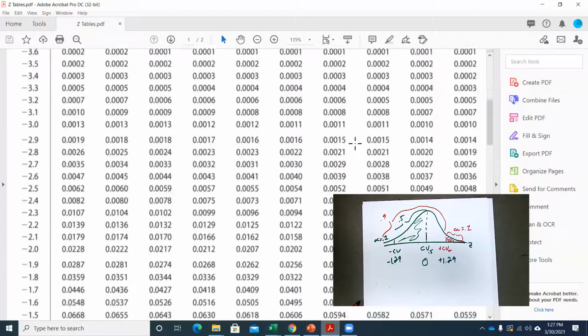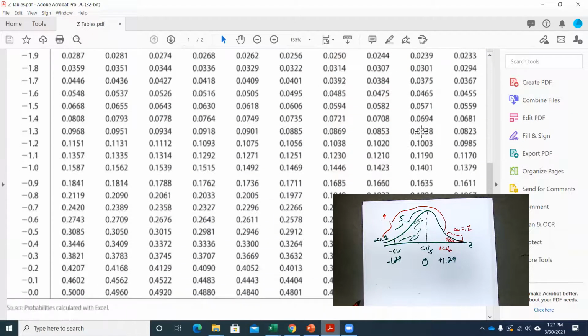So I'll look up 0.1, we'll find the same thing we did before, which was, oops, it's in between 1.28 and 1.29. Well, this is saying that it's negative because I just looked up alpha, right? I just looked up that area, and the table is always the area in the left tail. Well, if I know negative 1.29 gives me 0.1 in the left tail, I know positive 1.29 gives me 0.1 in the right tail. So I can just look up alpha and remember, for a right tail test, it's that value, but positive, right?